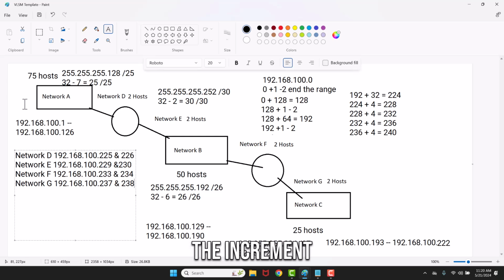I then added the increment for network A. That gave me the next network ID for network B, and then I added the increment for network B. I took the network ID for network C, then I remembered to add the increment to get me to the next network ID, which was 224. And then for D, E, F, and G, because they're all the same size, I simply added the same value of 4.